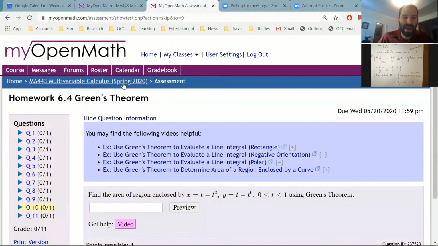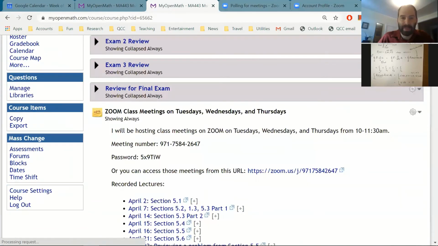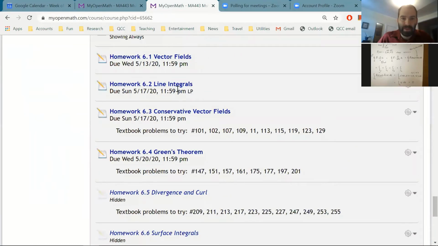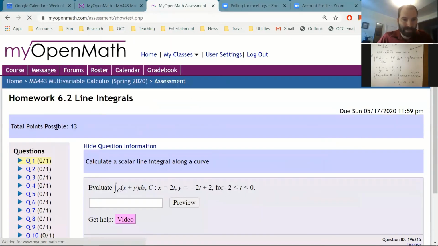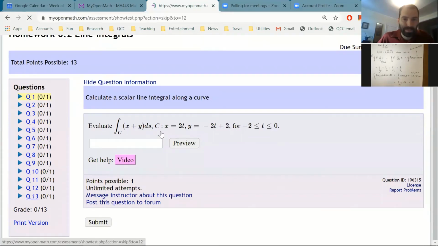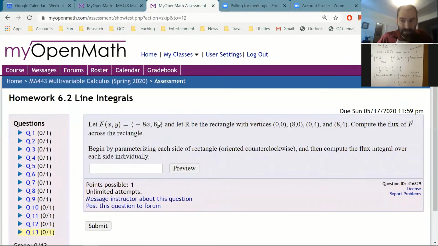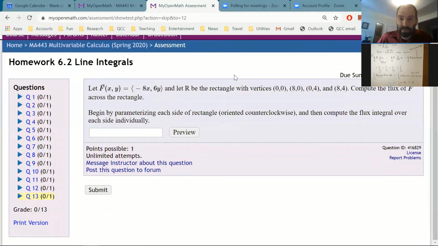So let's go back to 6.2 number 13. All right, it changed. We'll use the one I had written down before. It was minus 6x comma 4y, and it had different vertices. So we'll use the one that I had written down.